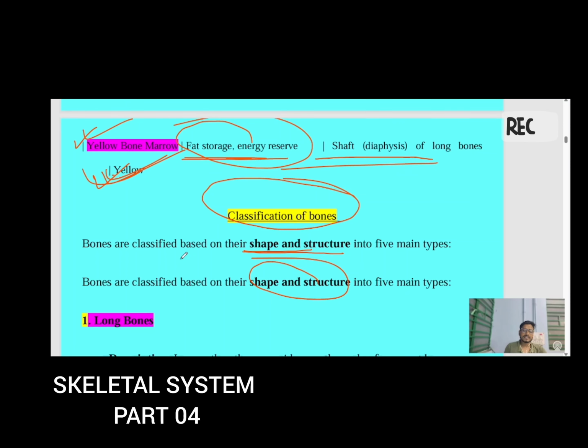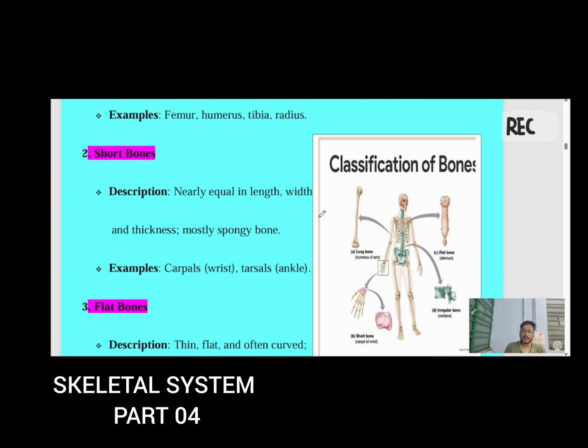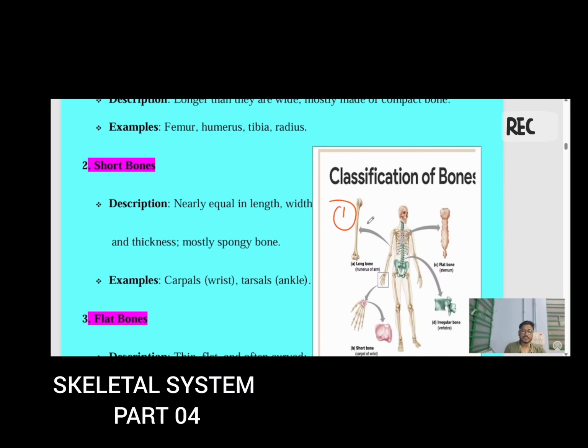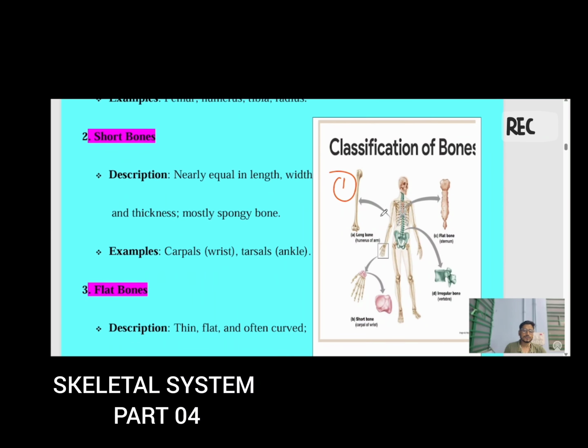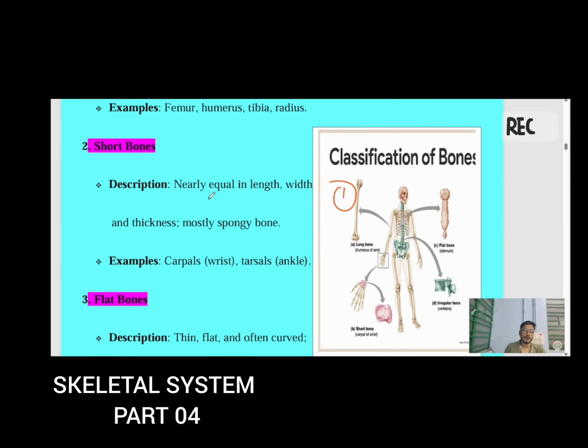By shape and structure, the first one is the long bone, and the second one is the short bone. Short bones are nearly equal in length, width and thickness, and are spongy bone, like the carpals of the wrist and the tarsals of the ankle.